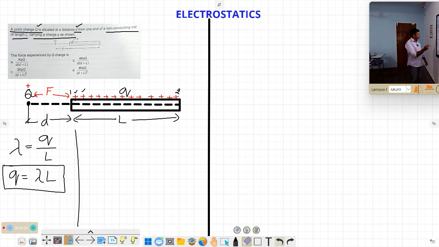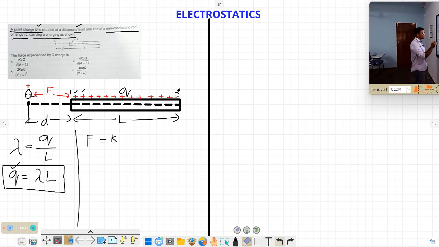Next, whatever charge is there applies a force on the capital Q according to the electrostatic force of repulsion. According to the electrostatic force between two charges, what is the formula? F is equal to 1 by 4 pi epsilon naught, which I am taking as K, a constant throughout the solution.